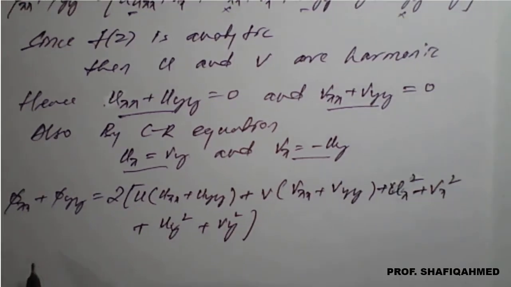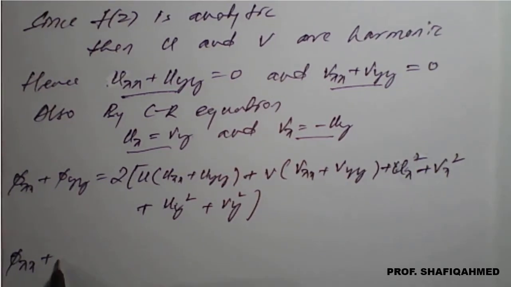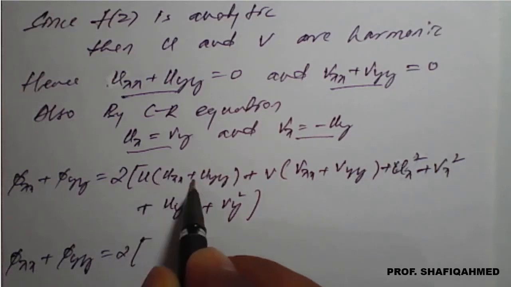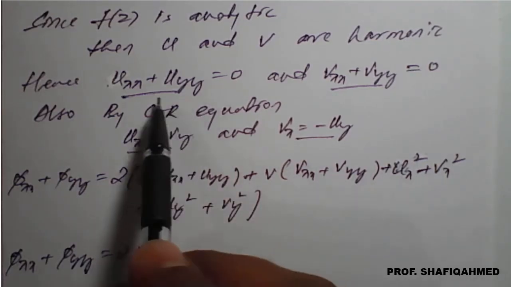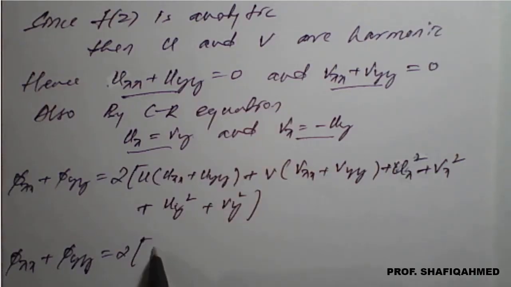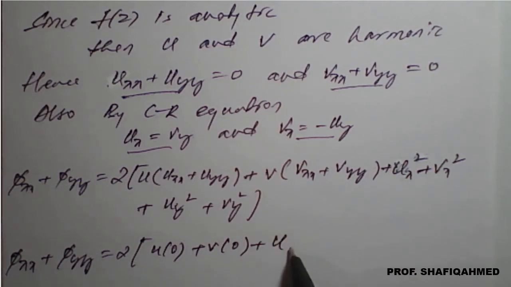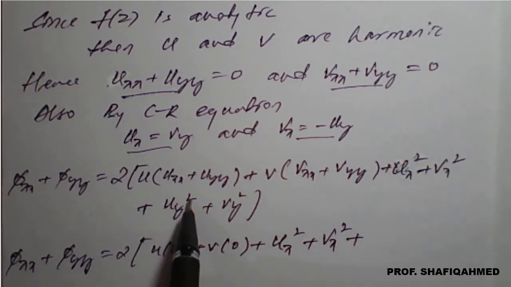Now in the next step, phi of xx plus phi of yy is equal to 2 times u into uxx plus uyy, as per the identity it is 0, that is u into 0 plus v into 0 plus ux square as it is plus this vx square as it is plus this uy square.